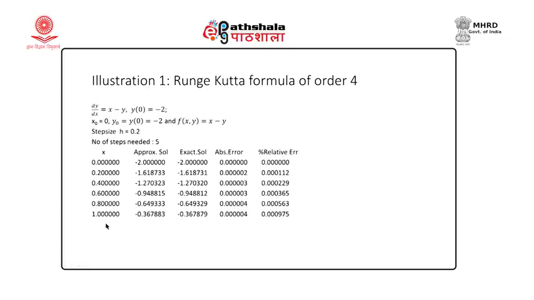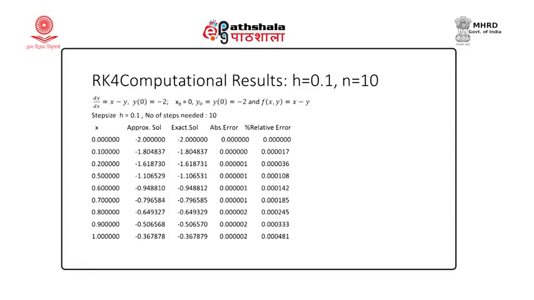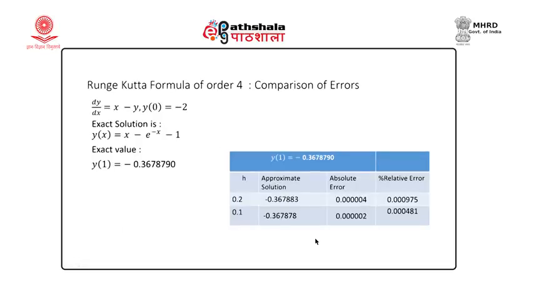Basically, the result is correct up to 6 decimal places, and h equal to 0.1 has further reduced the error, almost it has become 2 in the last decimal place. So, this is the table, there was no point in reducing h further.